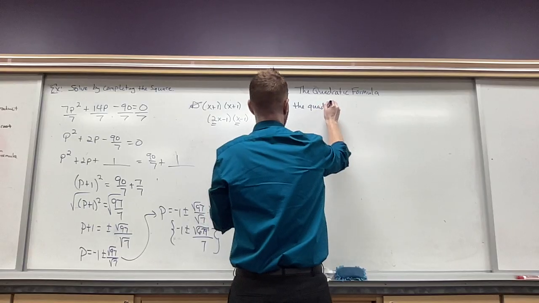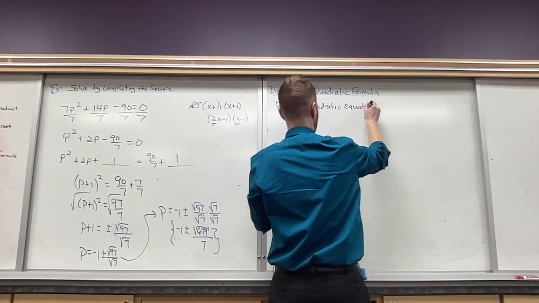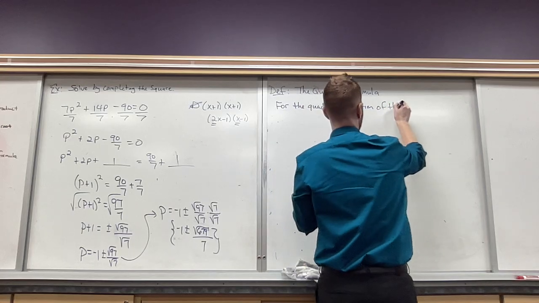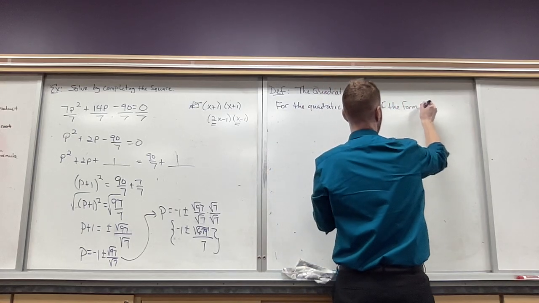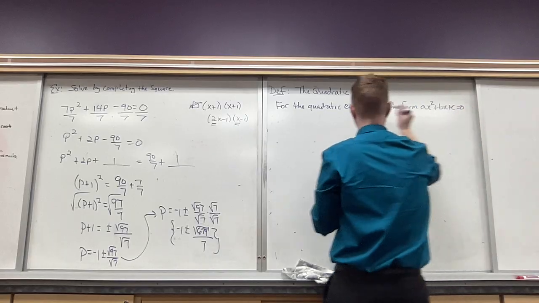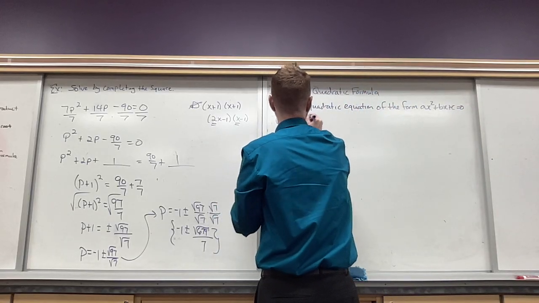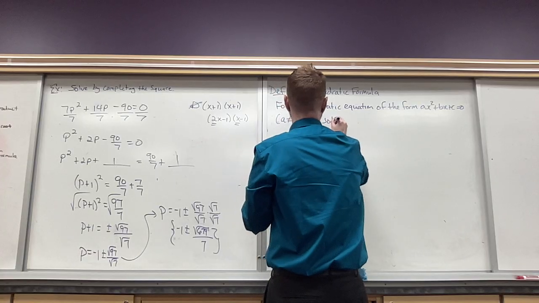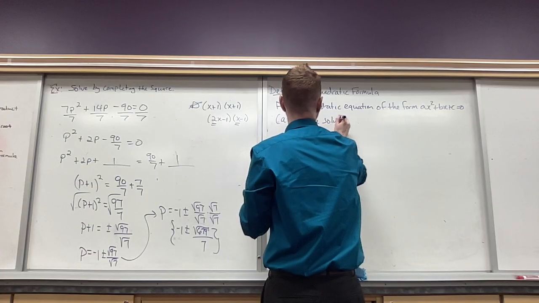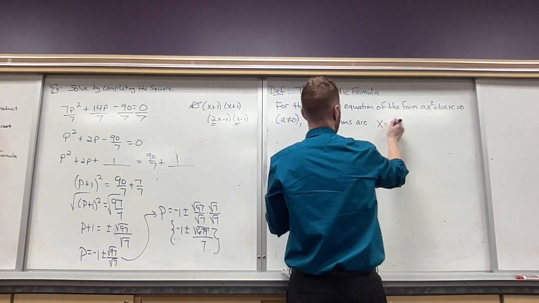For the quadratic equation of the form ax squared plus bx plus c equals 0, where a can't be 0 because, again, it would not be a quadratic, the solutions are as follows.